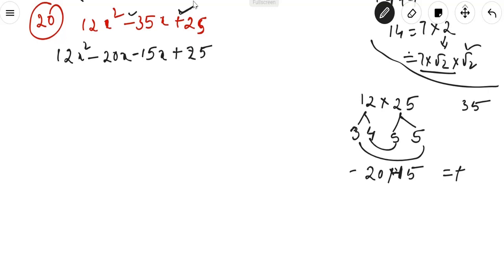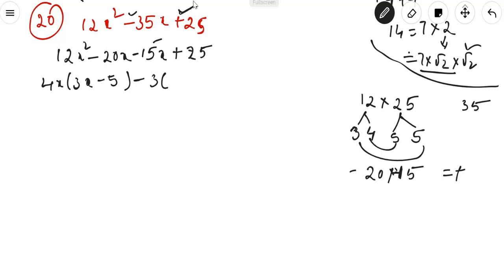Okay, so now what can I take common here? You have 12 and 20. So 4 3s are 12, 4 5s are 20, so I can take 4 common here. So 4x, and what am I going to get? 3x minus 5. If I take 3 outside here, I'm going to get 3.